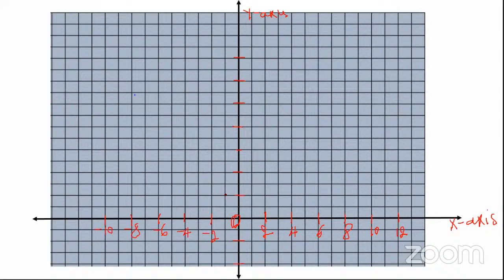So up here we have 2, 4, 6, 8, 10, maybe 12, 14. Then down here we shall have -2 and -4. So that is how we label the axes and put in our scale.